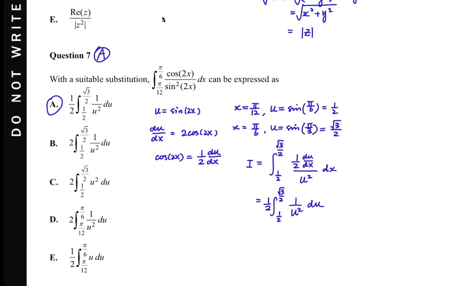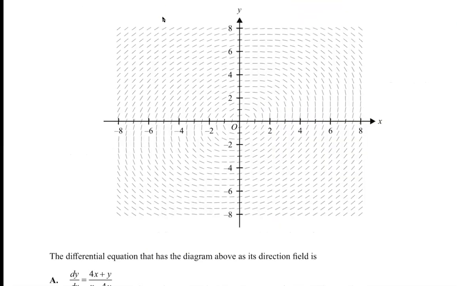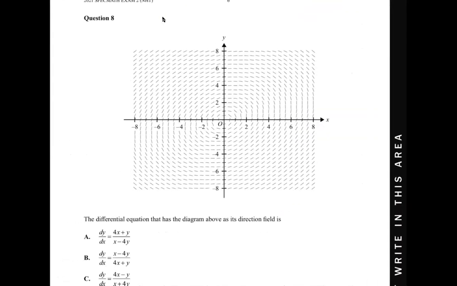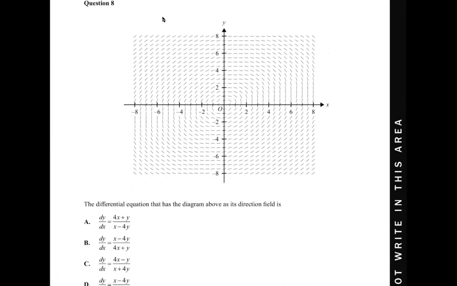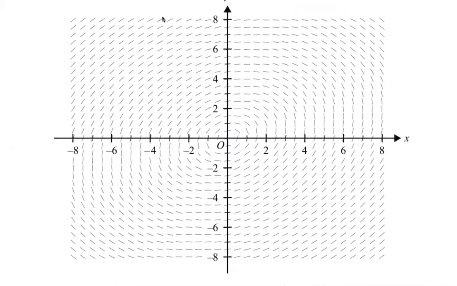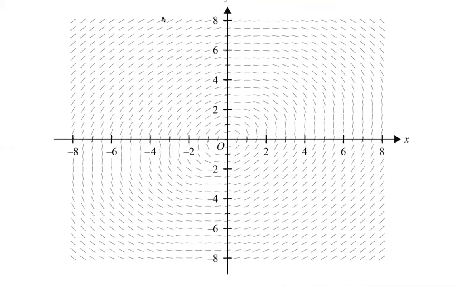Let's look at the next one. The differential equation that has the diagram above as its direction field. Looks like it's a rotated ellipse. So let's say if it passes through 2, 0, a possible solution to this slope field could look like that.